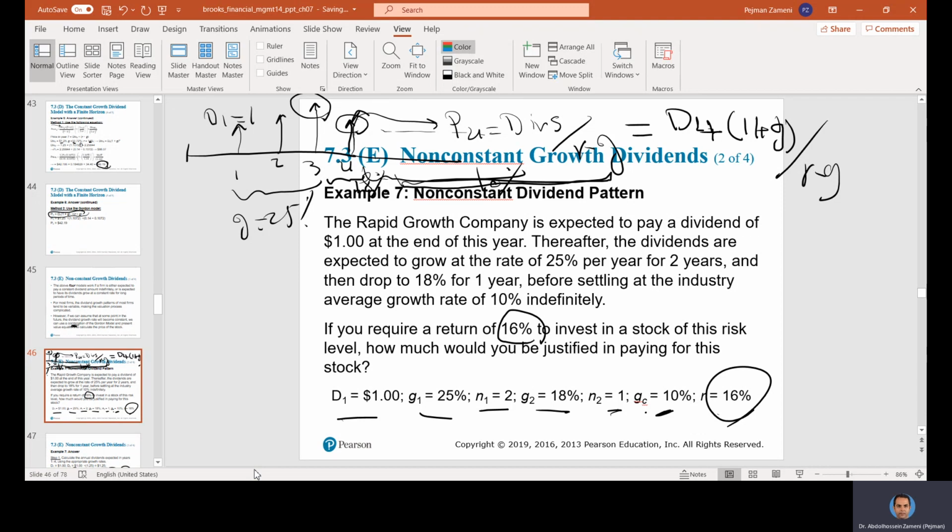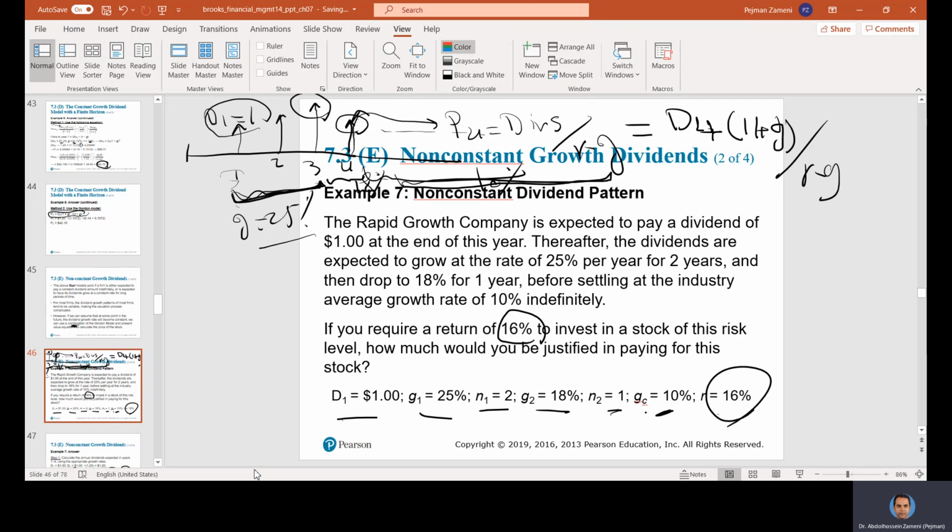Let's see this example. The Rapid Growth company is expected to pay a dividend of $1 at the end of this year. See, you're going to receive $1 at the end of year 1. Thereafter, the dividends are expected to grow at a rate of 25% per year for 2 years. See, from year 1 up to year 3, the growth rate is 25%.